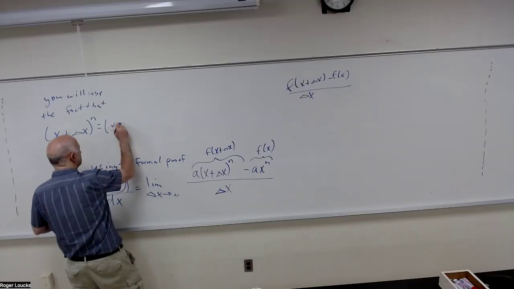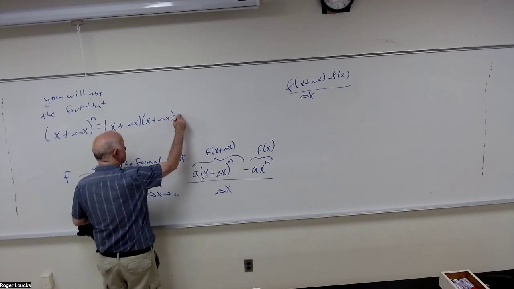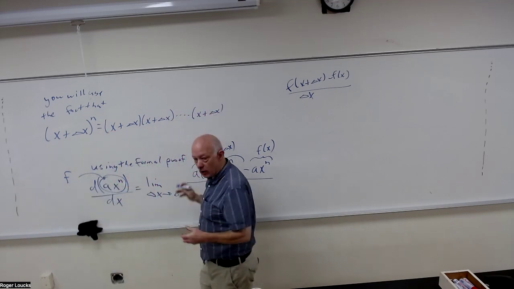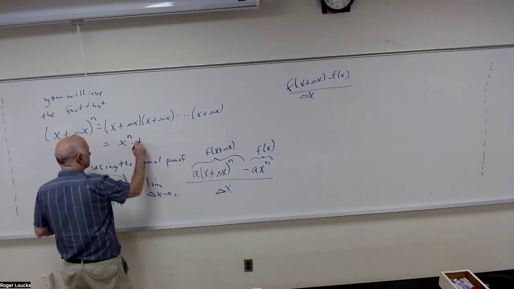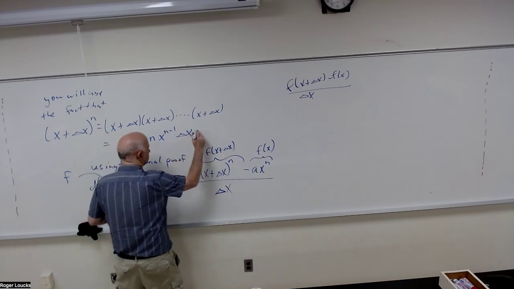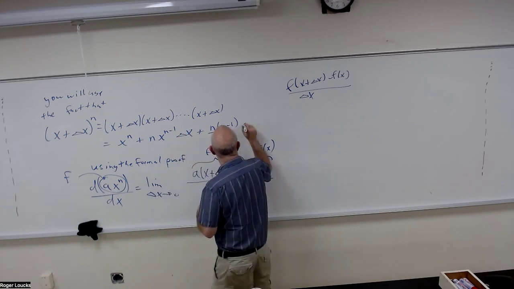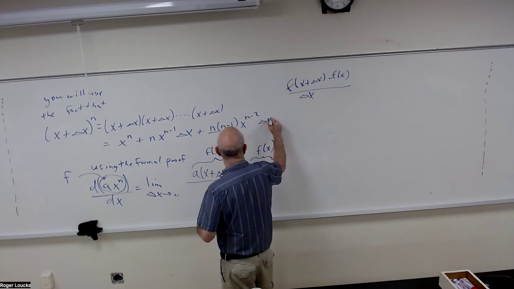This is really x plus delta x, x plus delta x. You have n of these guys here. If you multiply these all out, what do you get? You get x to the n plus n times x to the n minus 1 delta x plus n times n minus 1 over 2 times x to the n minus 2 delta x squared.